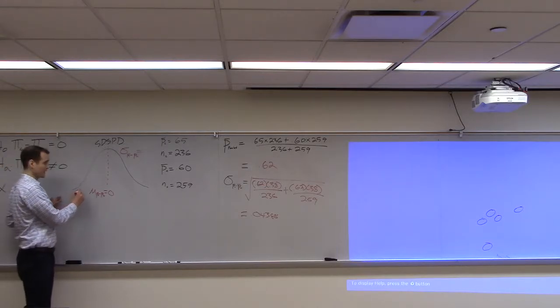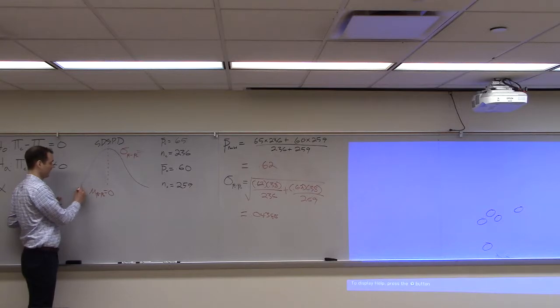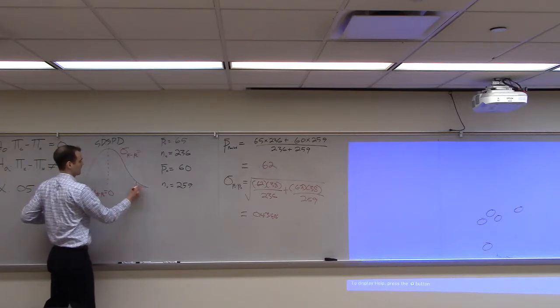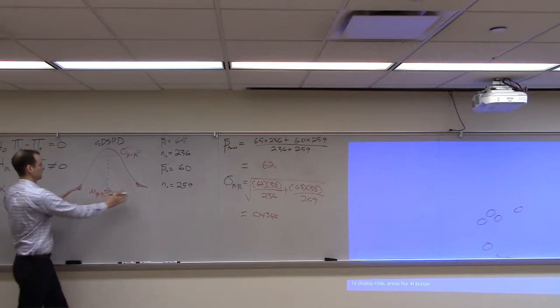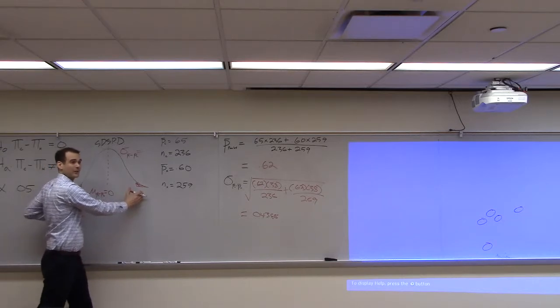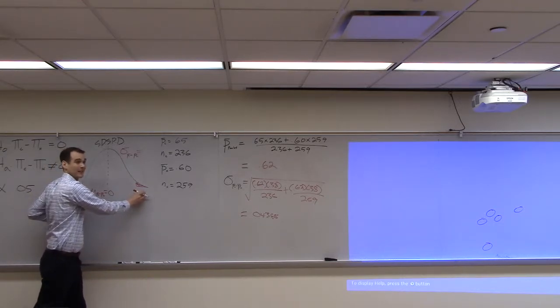Since it's a two-tailed test, that's going to be split in half. 2.5% is going to be down here, and 2.5% is going to be up here. Combined, these are the 5% least likely outcomes. And if one of those outcomes actually happens, I'm going to consider that overwhelming evidence.